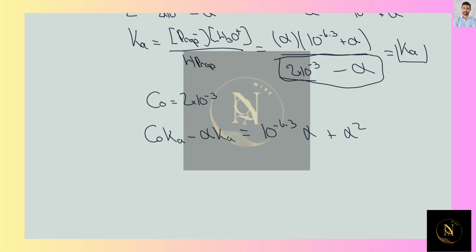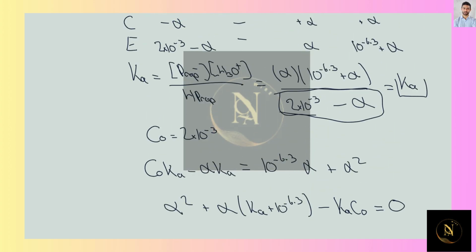We can put together all of the factors that have alpha and alpha squared, and we get alpha squared plus alpha times, factorizing over here, Ka plus 10 to the minus 6.3, minus Ka times C0 needs to be equal to 0.